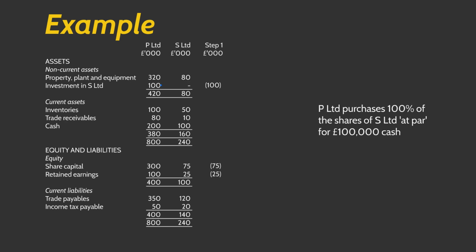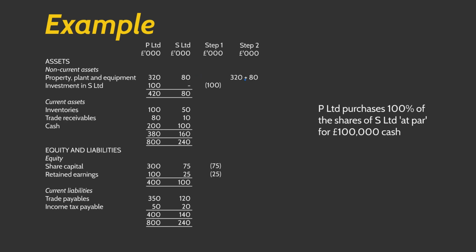And so when we remove it, we have to remove it from non-current assets. And equally, we have to remove it from share capital and retained earnings, because the next step is to add together all of the assets and liabilities. And once we've done this for each line, we've added together P Limited and S Limited's assets and liabilities, we'll have incorporated the net assets of the subsidiary into the group.